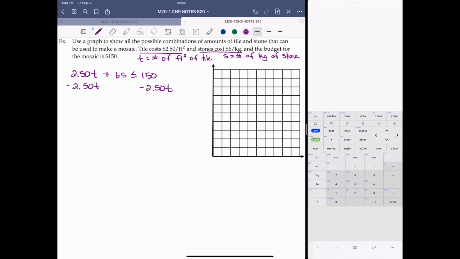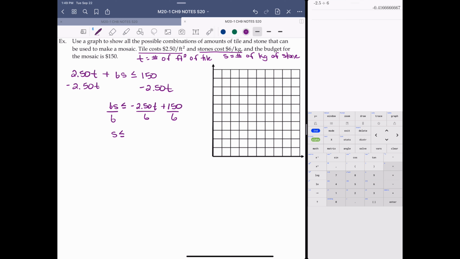I get 6s is less than or equal to negative 2.50t plus 150. I'm going to divide by 6, and then we get negative 2.5 divided by 6.